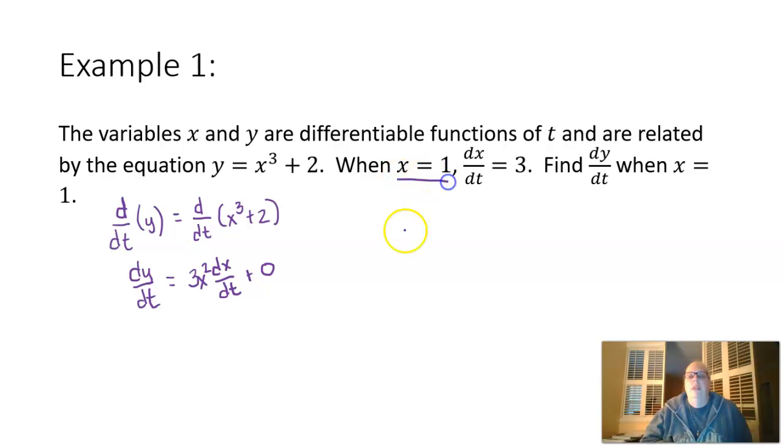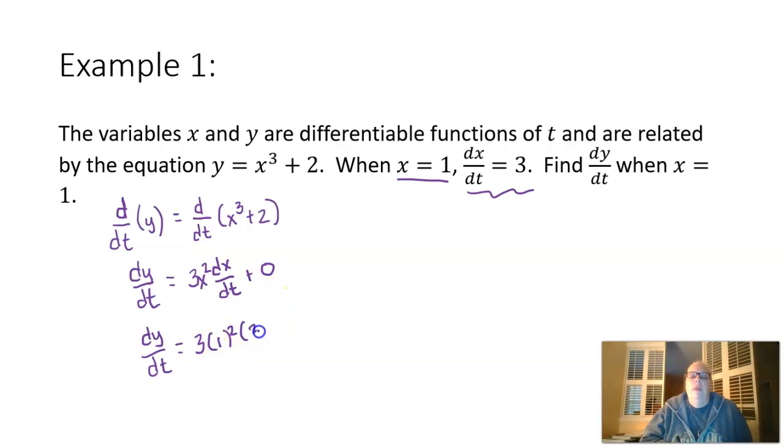We know that x is equal to 1, so I'm going to put that in here. We're going to have dy/dt is going to be equal to 3 times 1 squared, and really the dx/dt, we know that also it was given to us. And it's right here, it's going to be equal to 3.